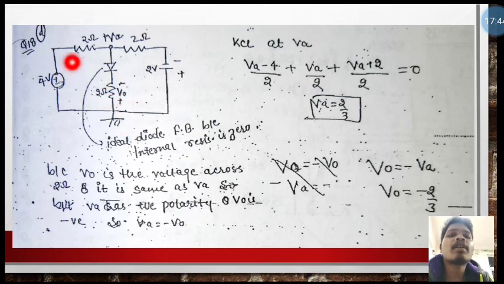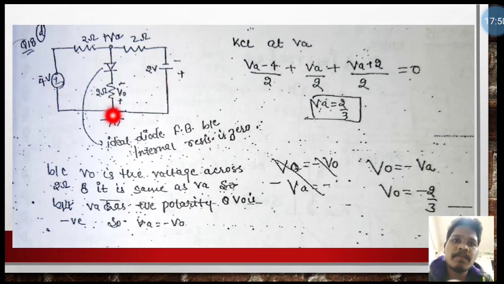So when it is in conduction mode, that means this is the 4 volt and this is the 2 volt, so the current will be flowing like this only. Okay, so this is due to the ideal condition, ideal diode. So in forward bias the internal resistance is 0, so it will be flowing like this.